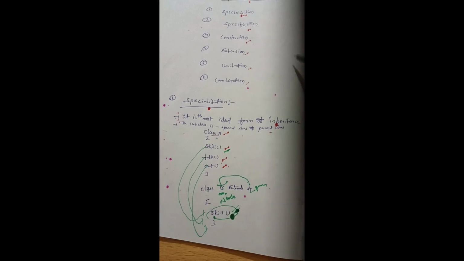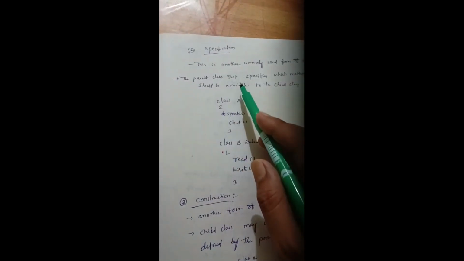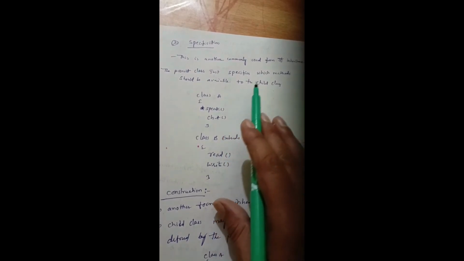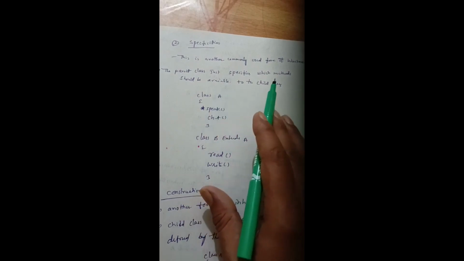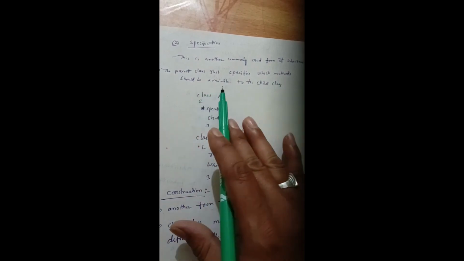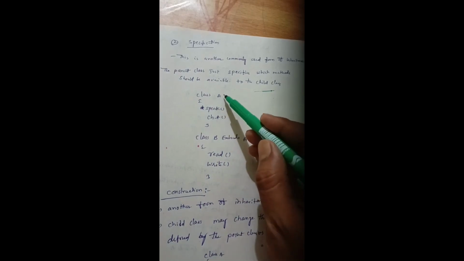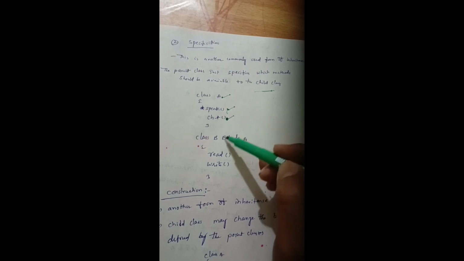Next, another form is specification. This is another common form of inheritance. The parent class specifies which members should be available in the child class. Suppose class A contains a speak method and a chart method.